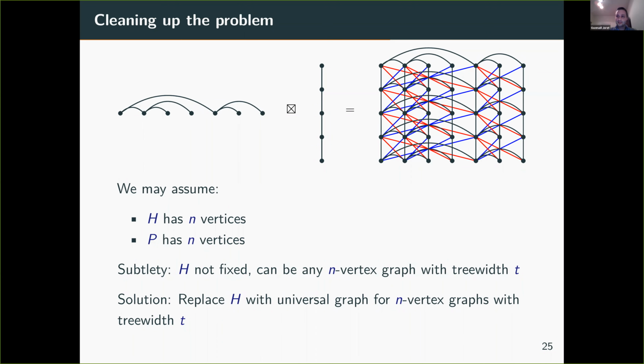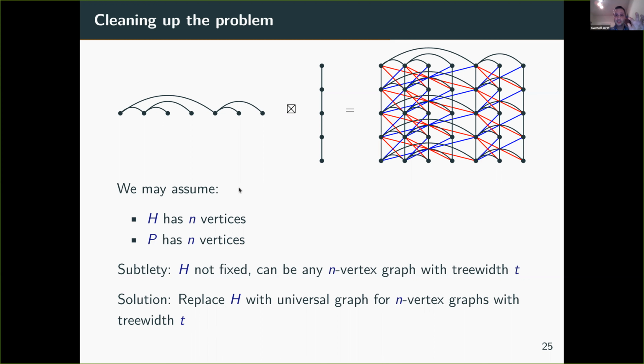And that's a single graph. Such a universal graph is a single graph that will contain all the n-vertex graphs with tree width t as a subgraph. So the first step, of course, is to get rid of H, which is a variable, and replace it by D, or one choice of a universal graph for n-vertex graphs with tree width t. So that's step number one. We clean up the picture in this way.